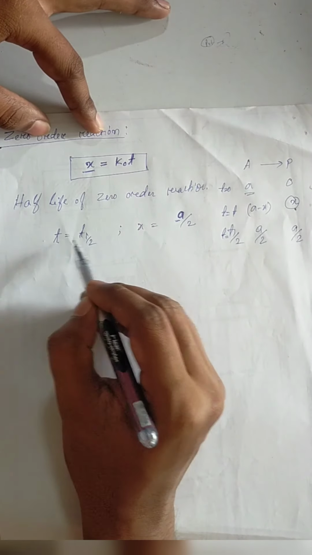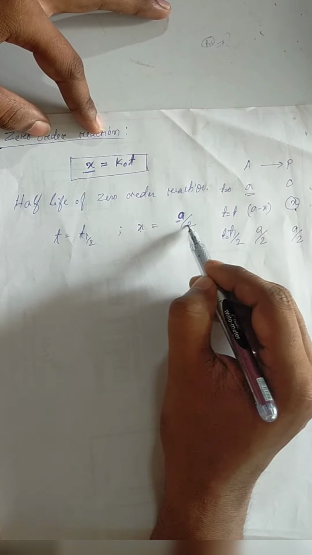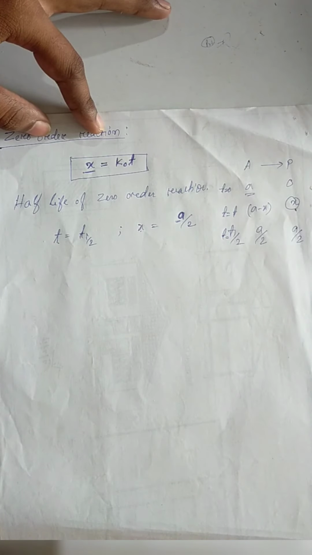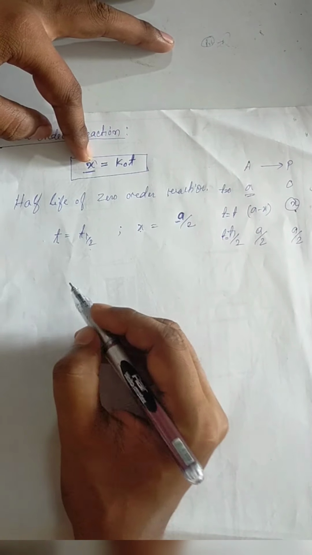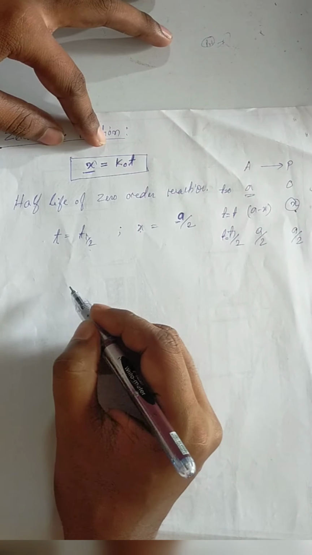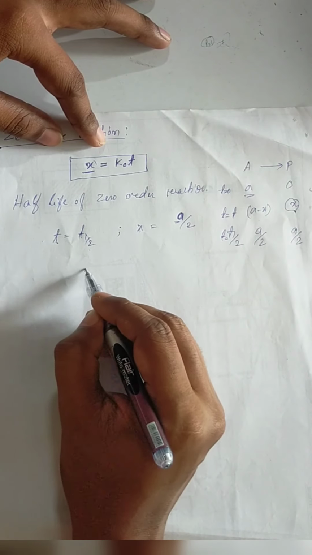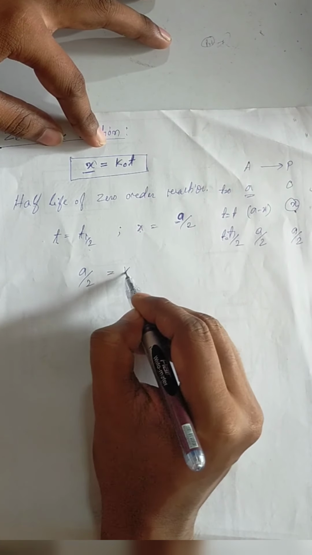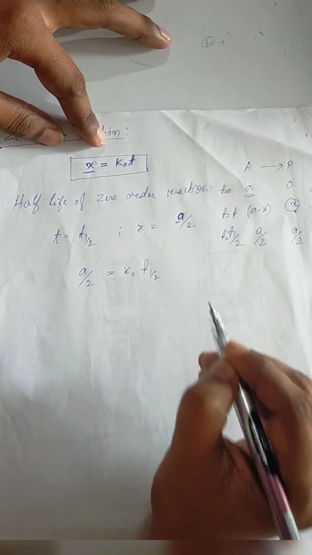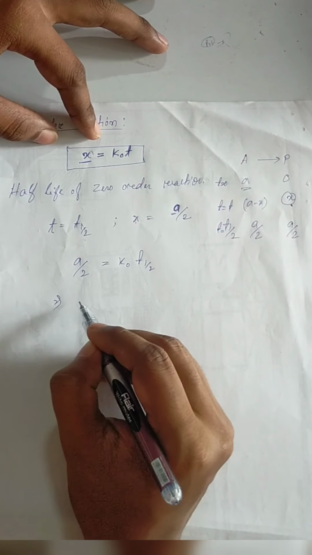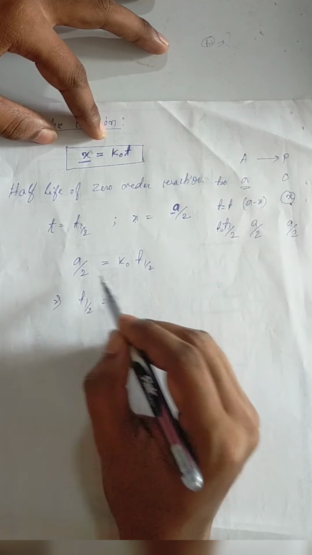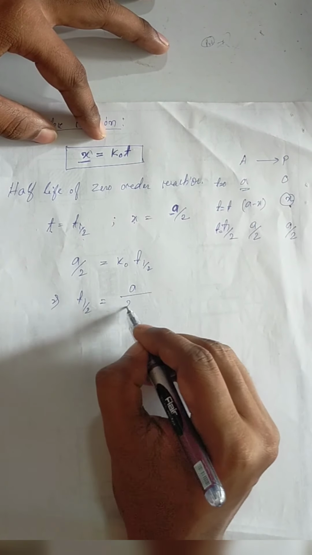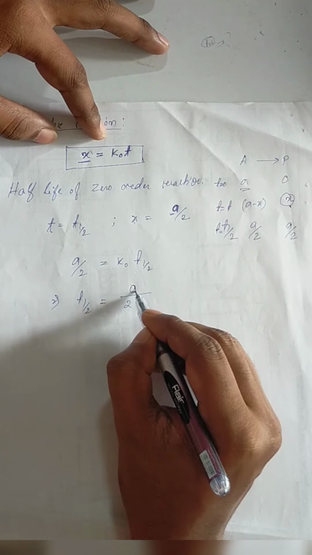So when t is t half, x will be equal to a by 2. If we put this in the equation, then it will look like a by 2 equals k naught t half. So we can write t half is equal to a by twice k naught.